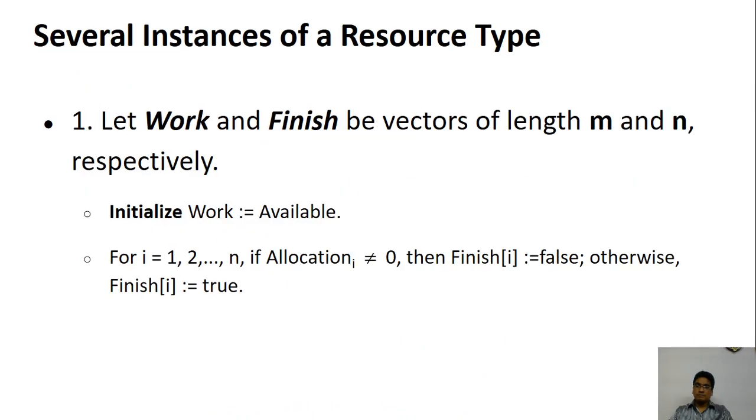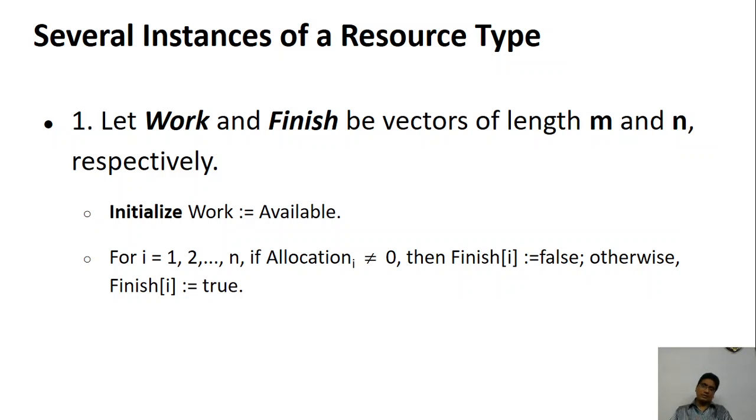What is the next part? Suppose you find one, as I told you, a process which says I don't want any resource but I am still working. Then well and good, you just mark it as finished already. There is no point in bothering about it. If you have given some resources, you can take them back and give them to some other process. If you have not given anything, whether it is running or dying, who cares, because it has not taken any resources and it's not going to return anything to you.